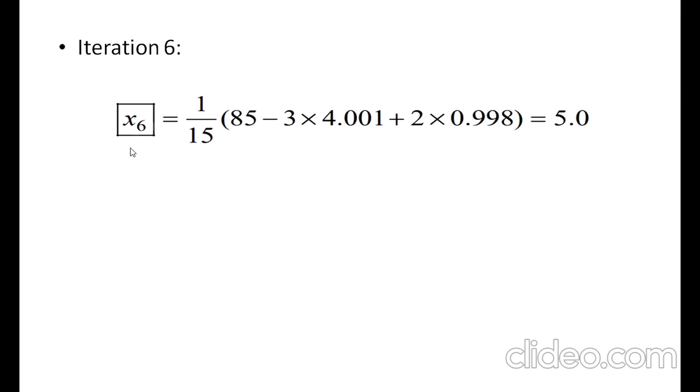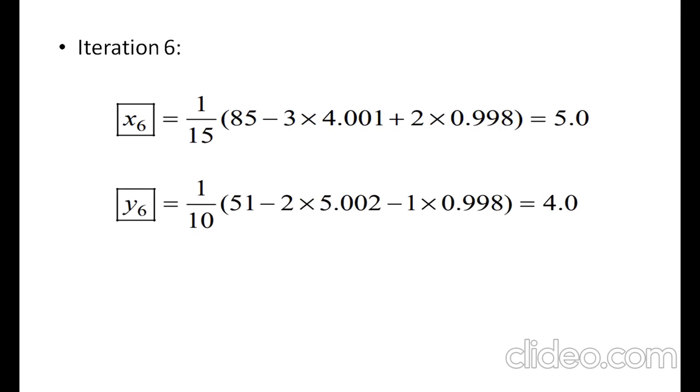Now sixth iteration, x6 is equal to 1 upon 15 in bracket 85 minus 3 into 4.001 plus 2 into 0.998, which is equivalent to 5. y6 is 1 by 10 in bracket 51 minus 2 into 5.002 minus 1 into 0.998.